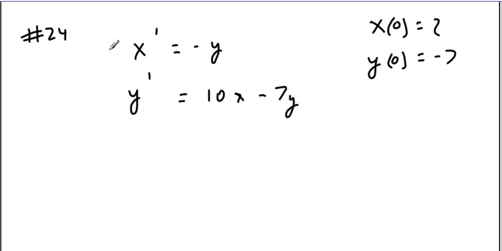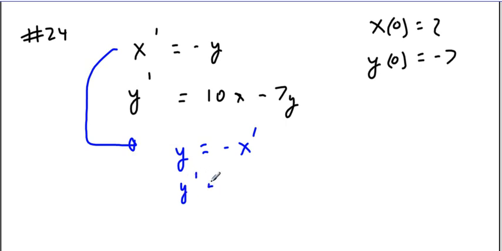So what we're going to do is we're going to use this guy, and we're going to say that y is equal to minus x prime, which means that y prime is equal to minus x double prime.